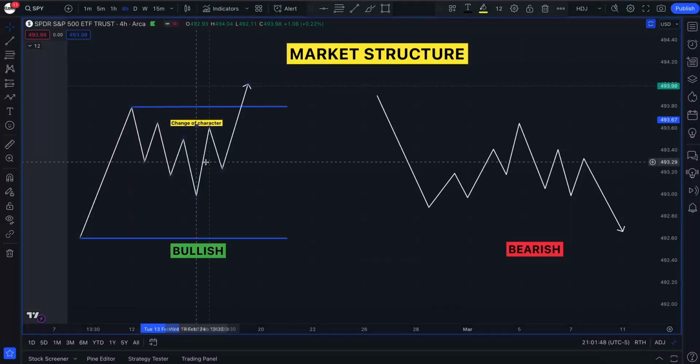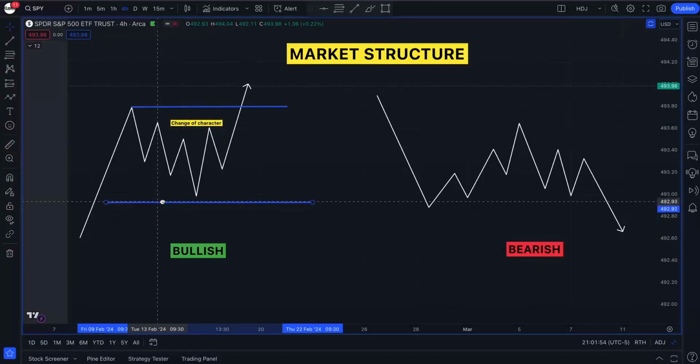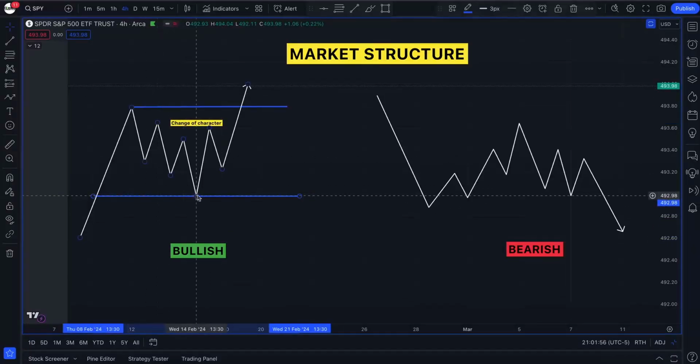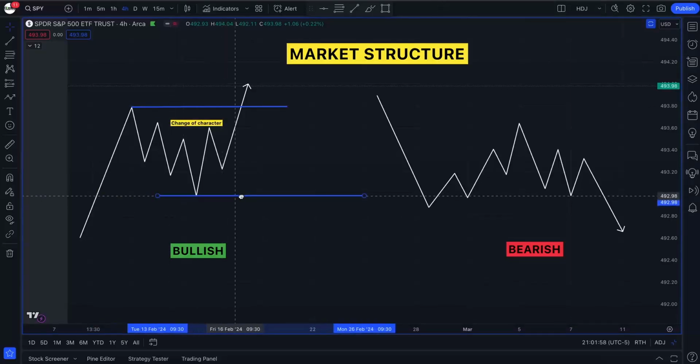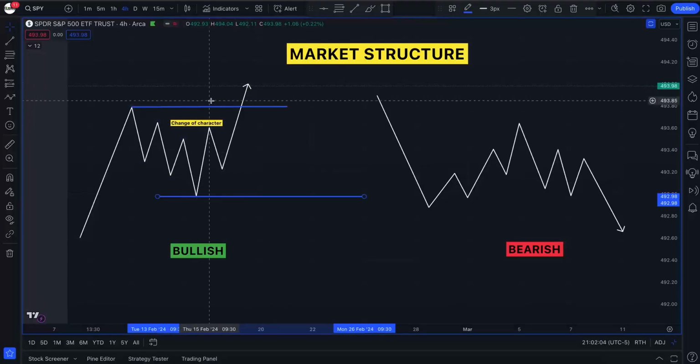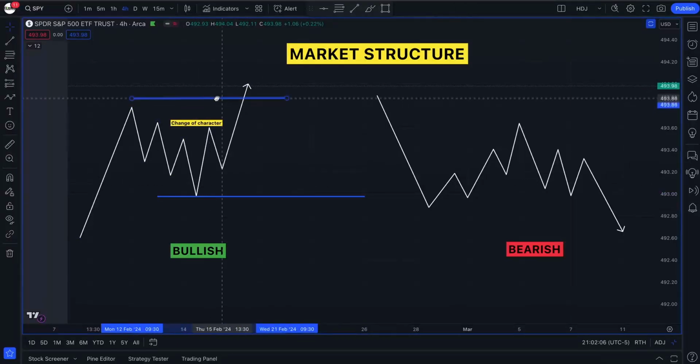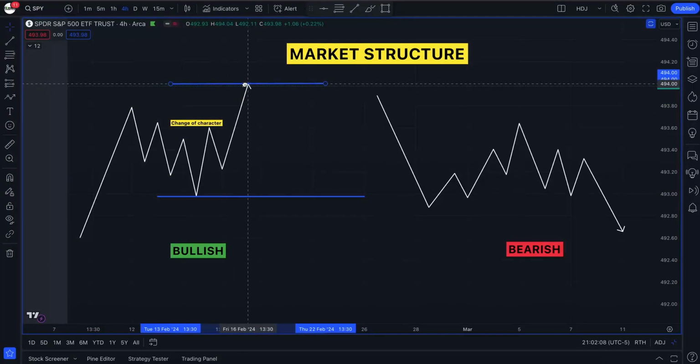So when price action breaks to the upside, you want to move this line here. Let's go here. Because now this is your new low, and when price action goes up here, this becomes your new high.